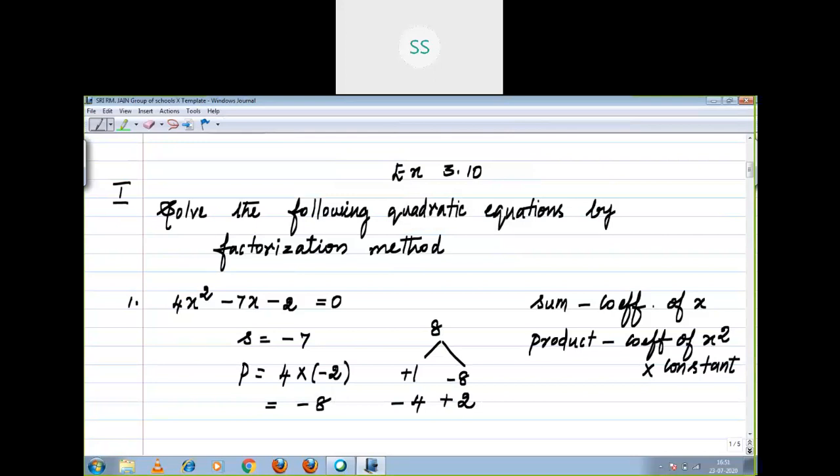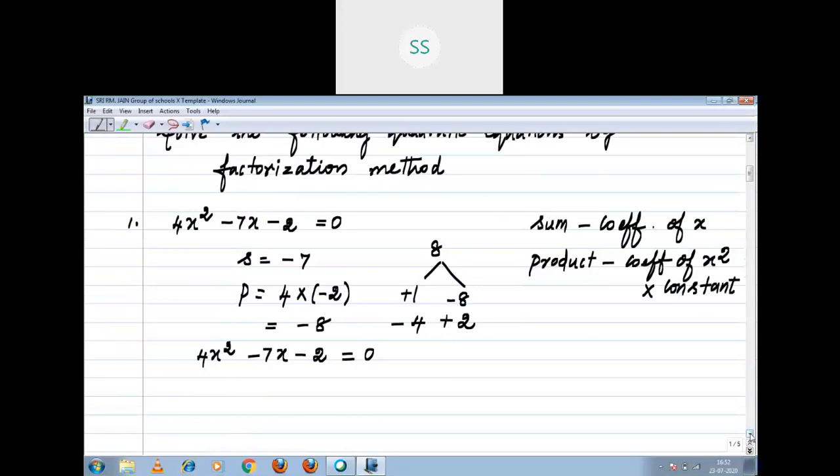Using that, I am going to split the term. The sum alone I am going to split and write, right? Now you see how I am going to split and write. 4x square minus 7x minus 2 equal to 0 is given to you. How I am going to split and write, you have to be careful, children.